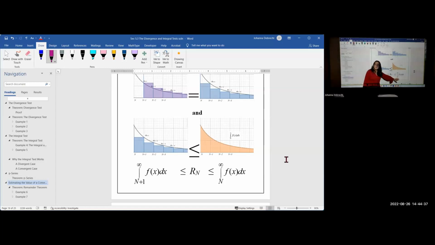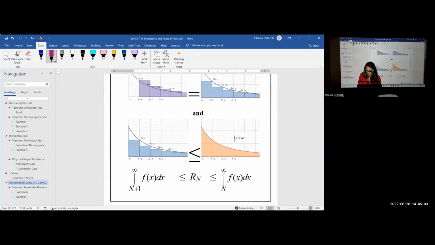The one that starts further to the left obviously has more area under it because you're starting from a lower n value. And this one has less area because you're starting further to the right and it's a decreasing function. In other words, we've now got an estimation of how big the error is if we take the first uppercase n terms to approximate our infinite series.